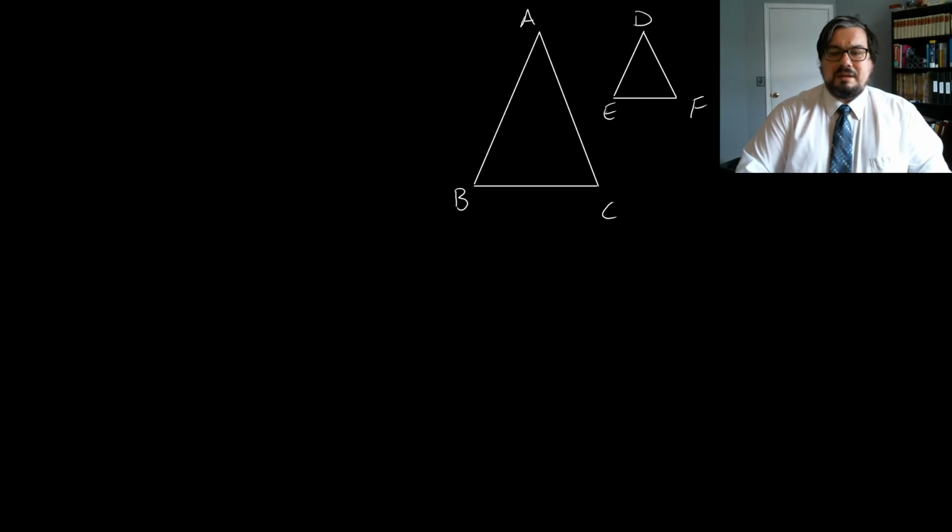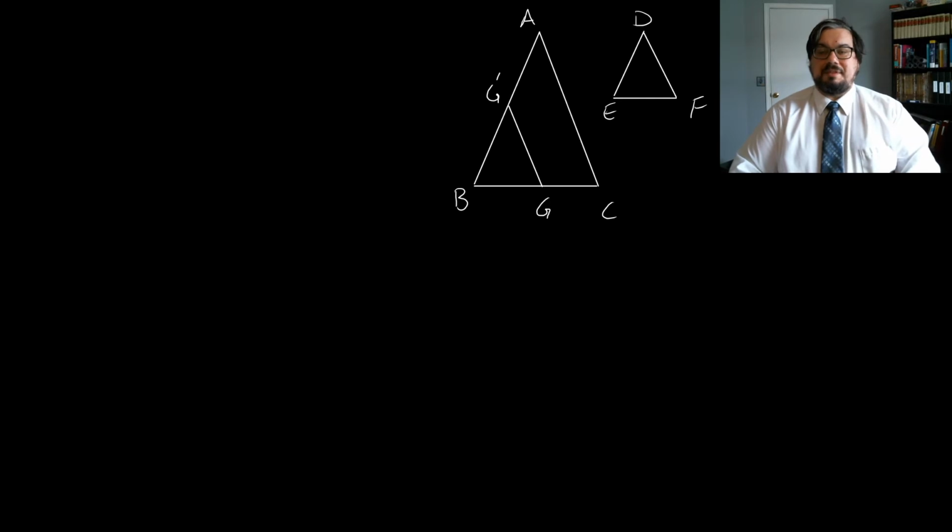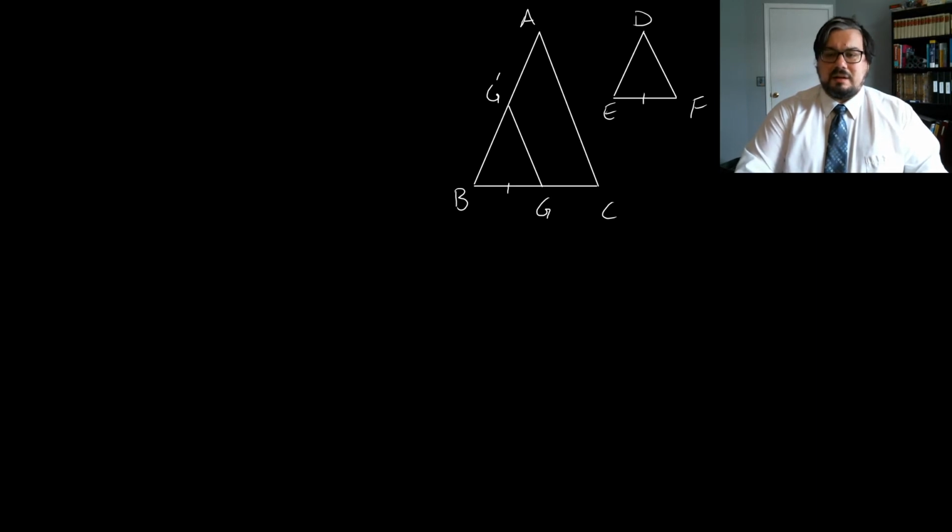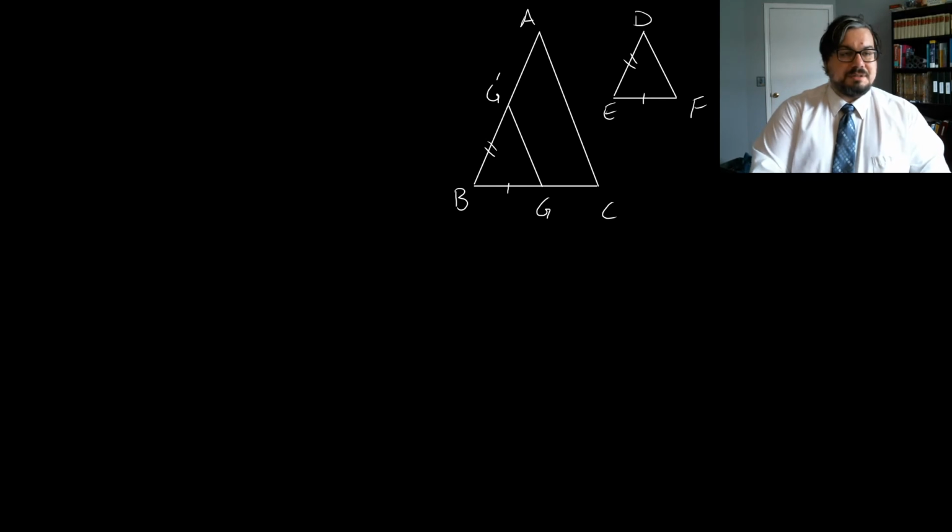Now, if we did something similar, only here we take something like G and G prime there, then we will get a similar relationship where these two sides are congruent, these two sides are congruent.